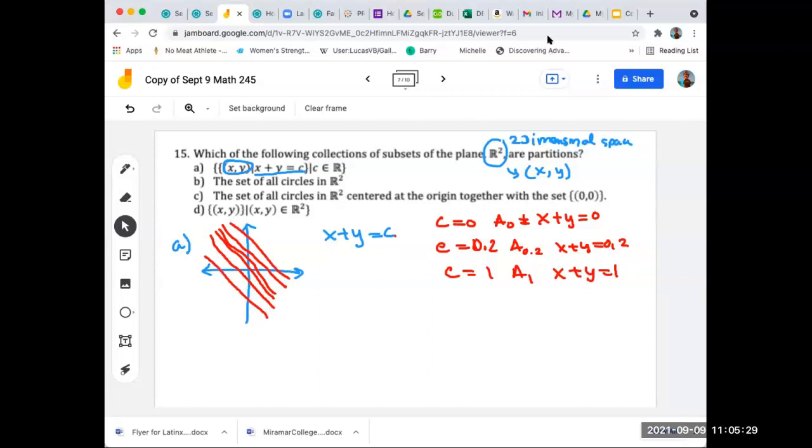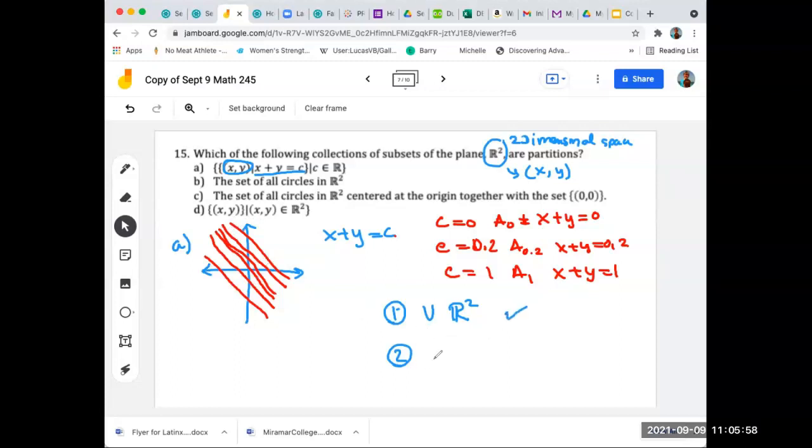So now the question says, is this a partition? We have to see the 2 conditions. If I put all these lines together, is the union going to be the entire 2-dimensional space? What do you think? Yeah, because C is a real number, I can fill all the gaps and make a solid 2-dimensional space.